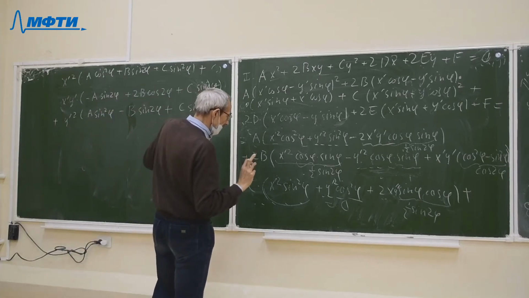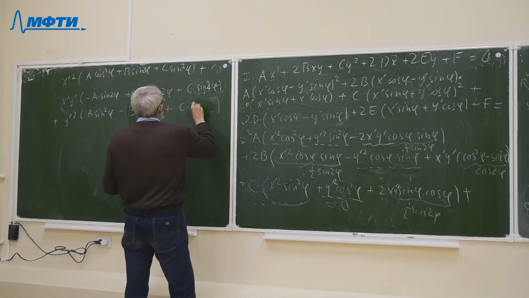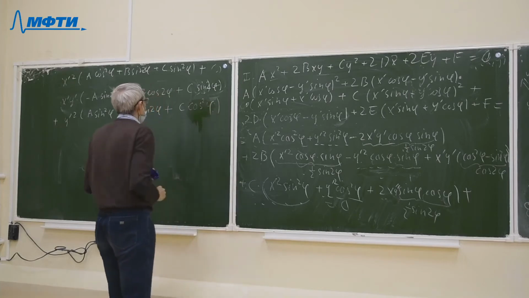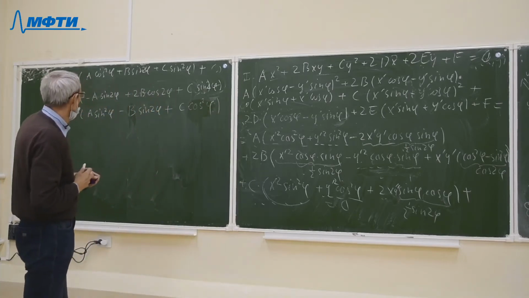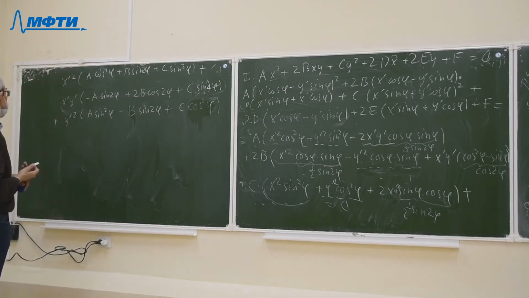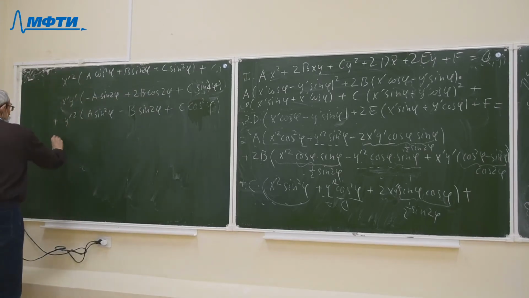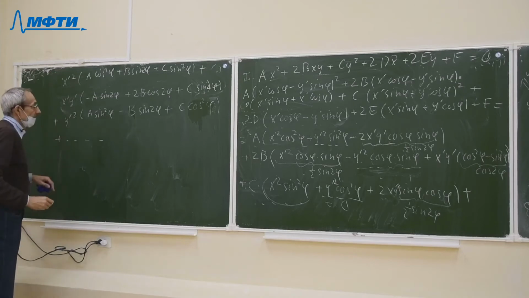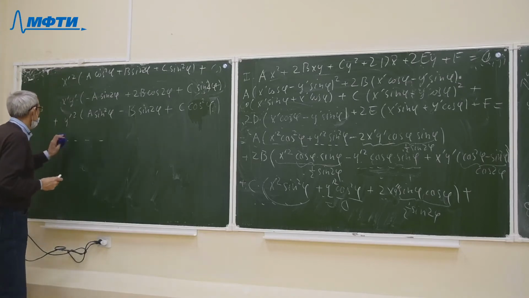I'm sorry. Cosine square. Cosine square phi. Yeah. Oh, cosine. And plus the sum terms.